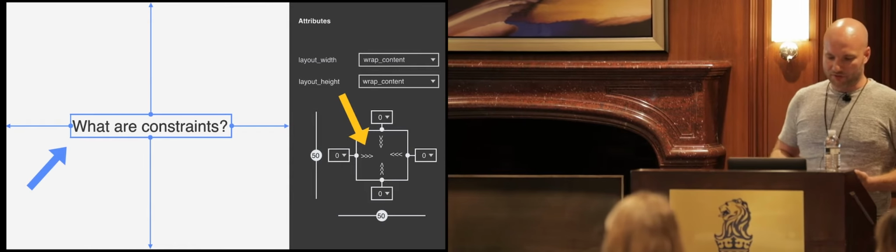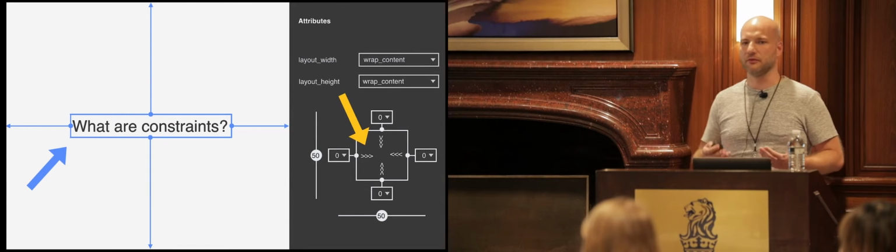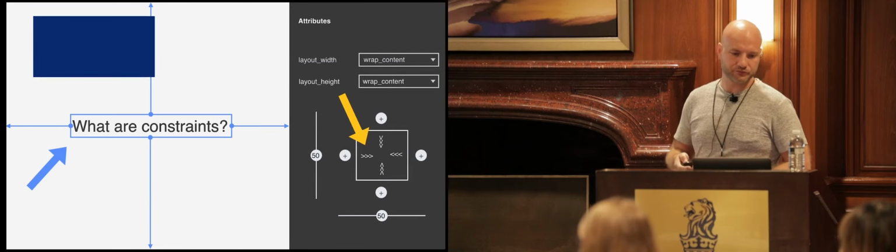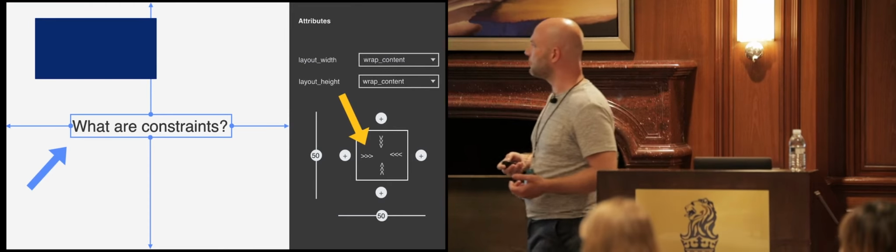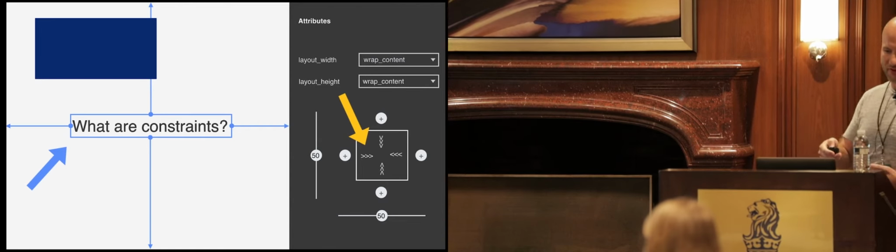So let's go back to wrap content. And let's add another view and see how we can use constraints to put views together. So I just dropped an image view onto the screen.